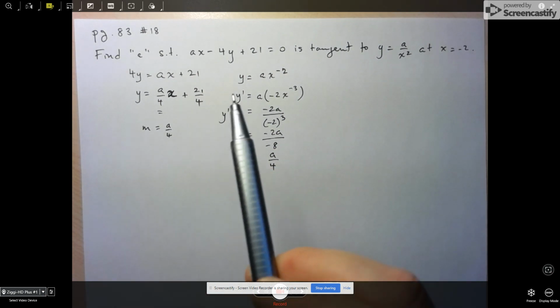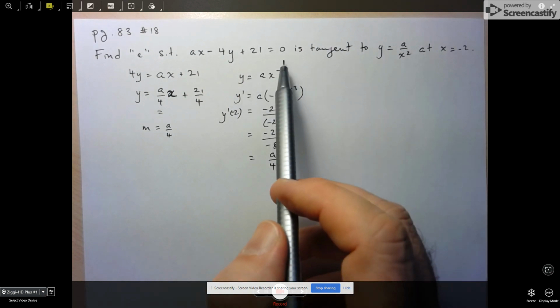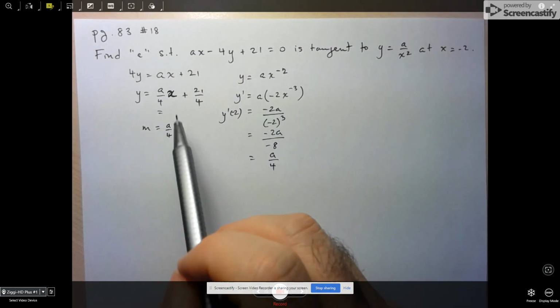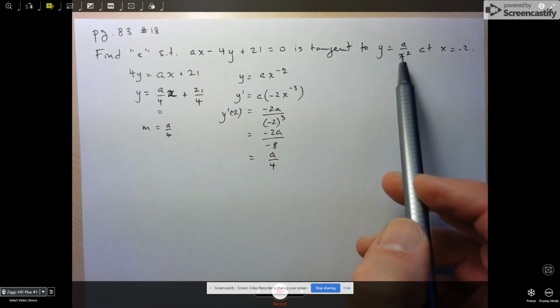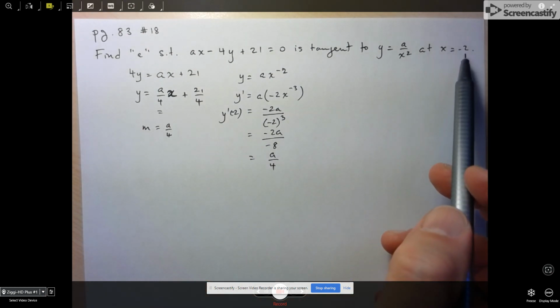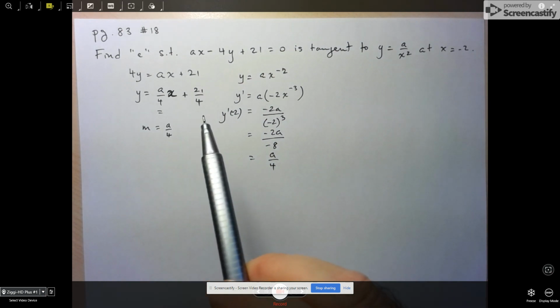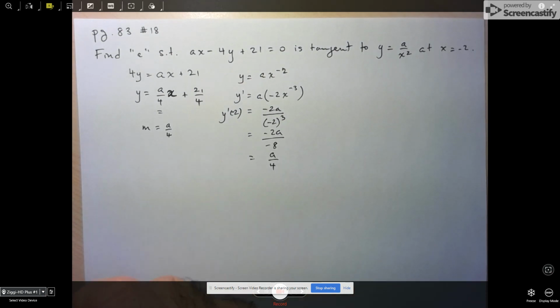All right, so this is how we're actually going to solve the problem. It's not going to be the derivative that's going to help us out this time. It's going to be the fact that this line and this curve have to share a point at x equals -2.